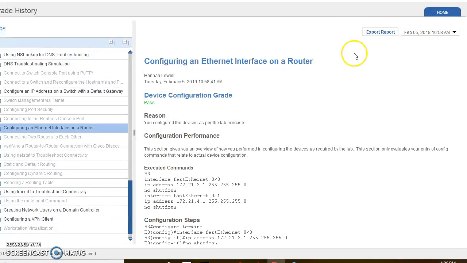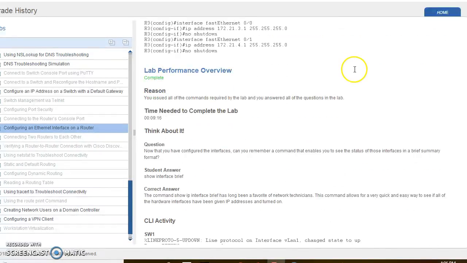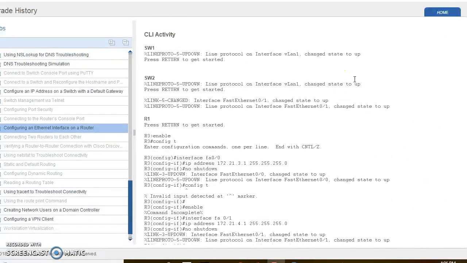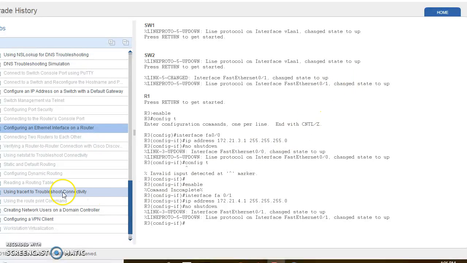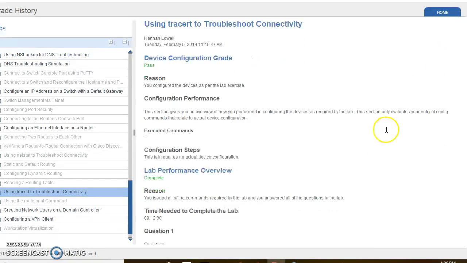Configuring an Ethernet interface on a router. Using a tracer to troubleshoot connectivity.